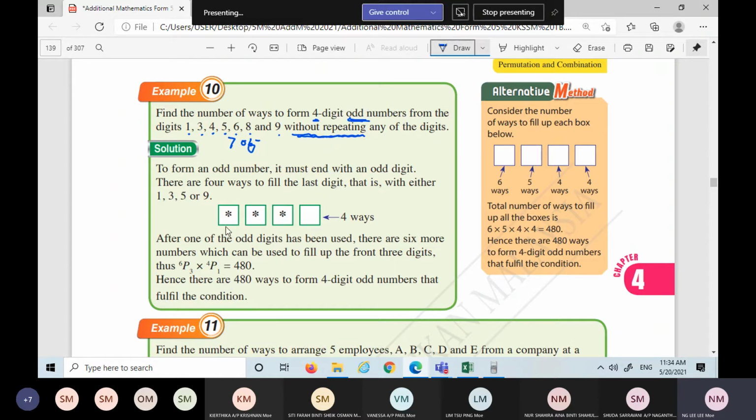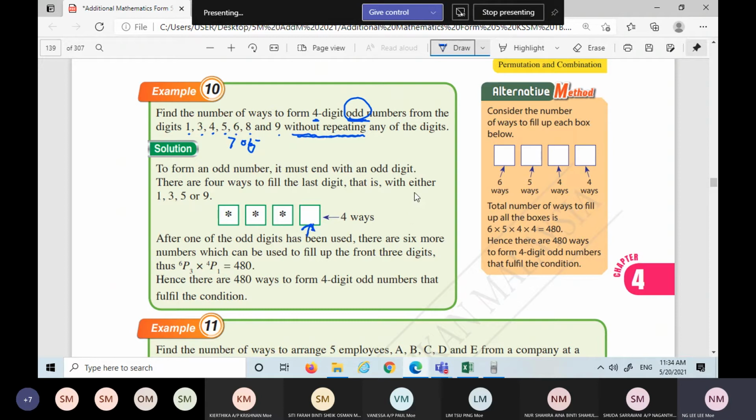So we start with 4 boxes because it's 4 digits. Then odd number. Whether this 4-digit number is odd or even depends on the last digit only. The numbers in front are not important. Whatever number you want to put also doesn't matter, only the last number.